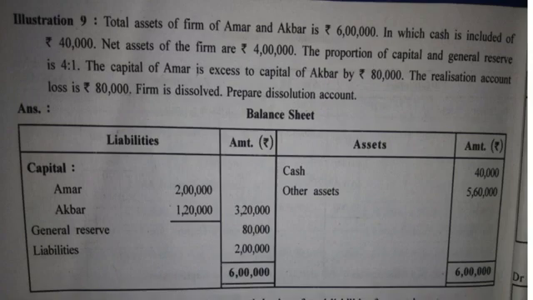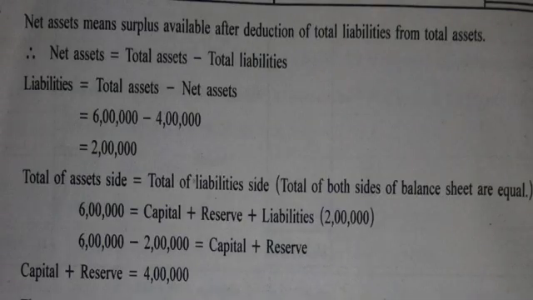Then they say the proportion of capital and general reserve is 4:1. Net assets are 4 lakh. Okay, what is the formula for net assets? It is total assets minus total liabilities. So let us check the working notes.